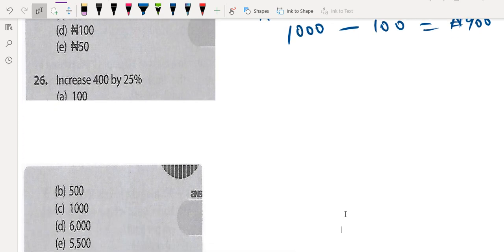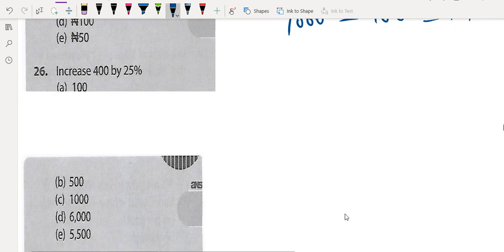Number 26. Increase 400 by 25%. 10 seconds. Be fast. What's the answer? 500.